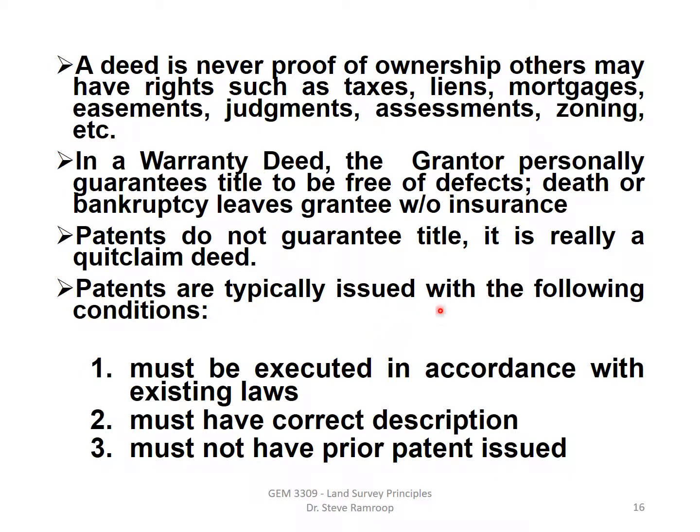Patents are typically issued with the following conditions. 1, must be executed in accordance with the existing laws at the time that the patent was issued. 2, must be a correct description given the circumstances at the time the patent was issued. And 3, must not have a prior patent issued. So you can't have a patent upon a patent. There's only one patent executed by the then government.